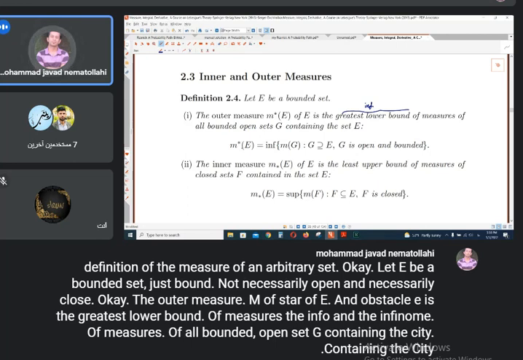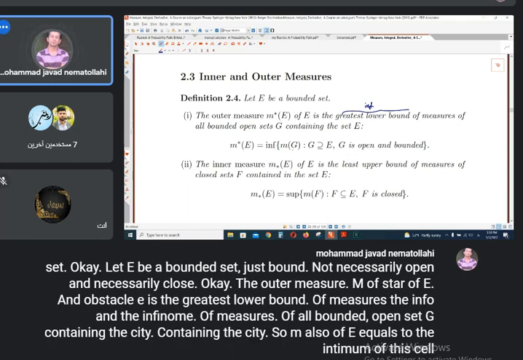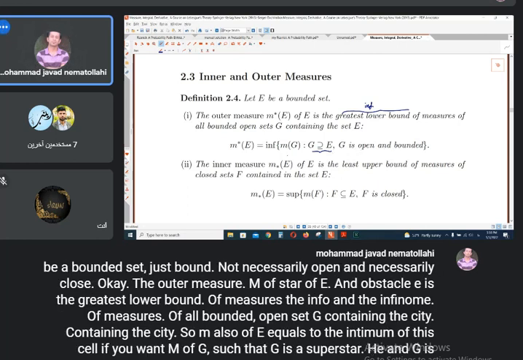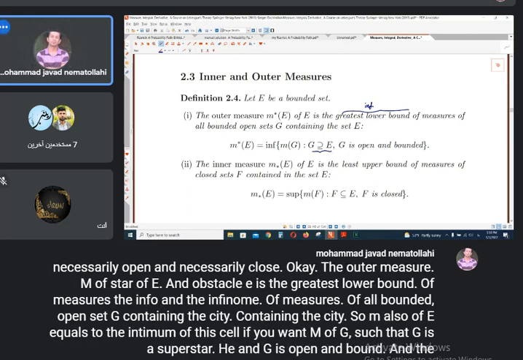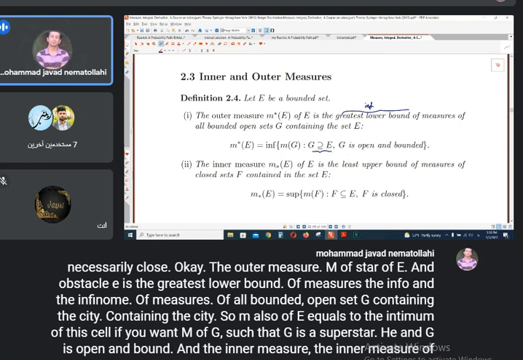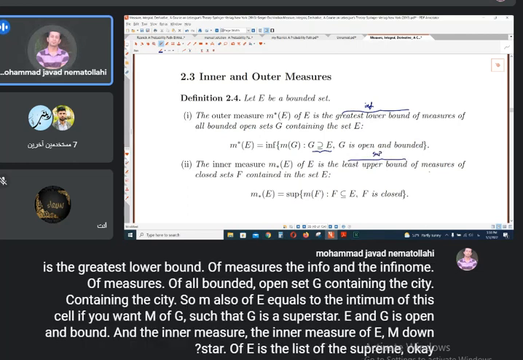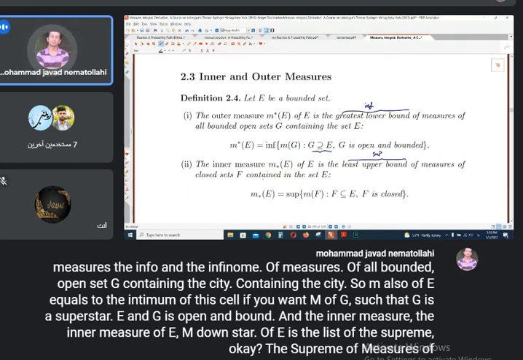So M star of E equals the infimum of M of G, such that G is a superset of E and G is open and bounded. And the inner measure of E, M down star of E, is the least upper bound, the supremum, of measures of closed sets contained in the set.